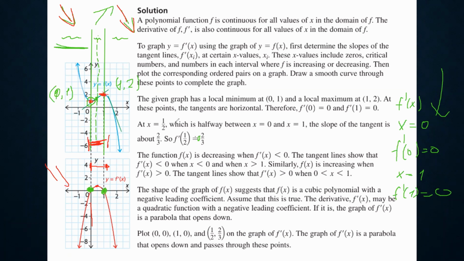If it were a 5th power, it would also have its specific number of critical points. So if we know it's a cubic polynomial with a negative leading coefficient, we can assume it can look like negative x to the 3rd power, right?